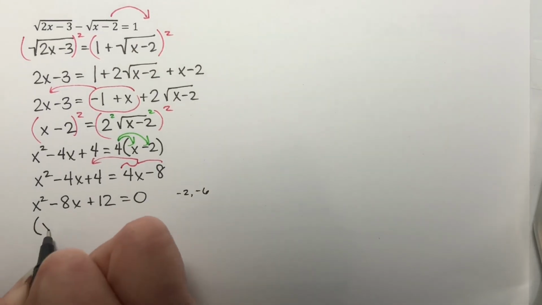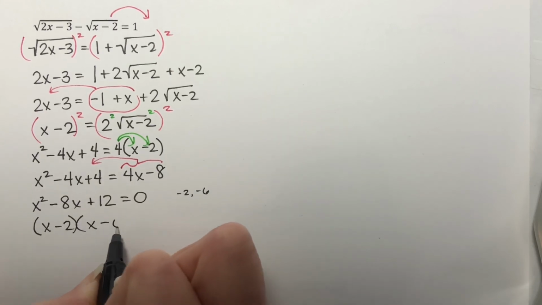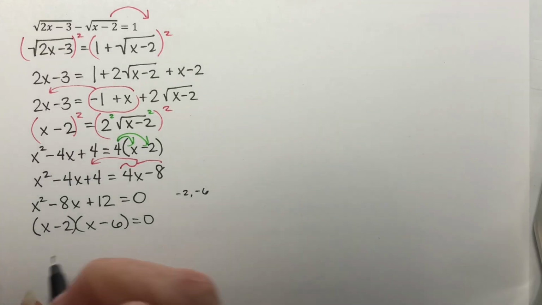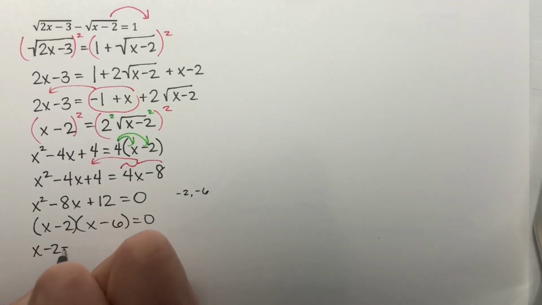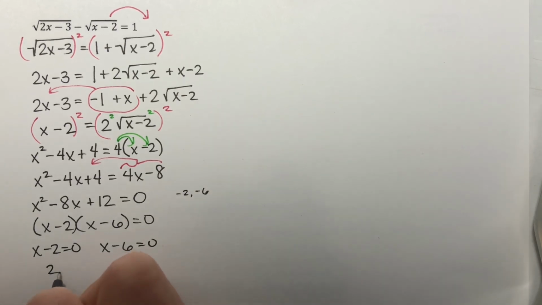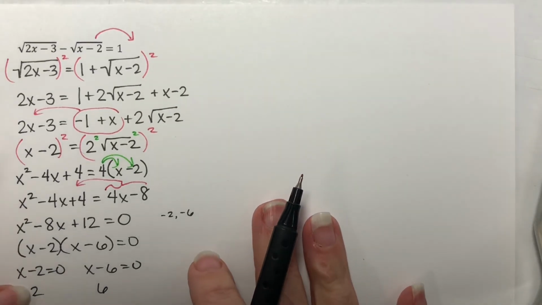So this factors as x minus 2, x minus 6 equal to 0. Set each of these equal to 0 to get a 2 and a 6. And those are our potential answers. We need to check them.